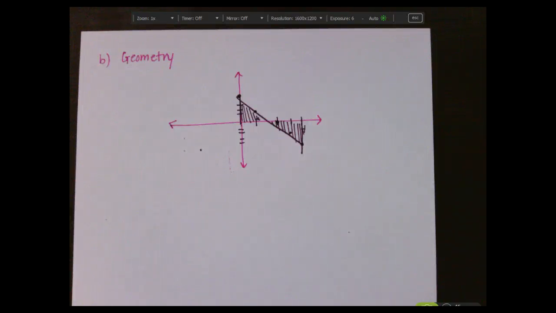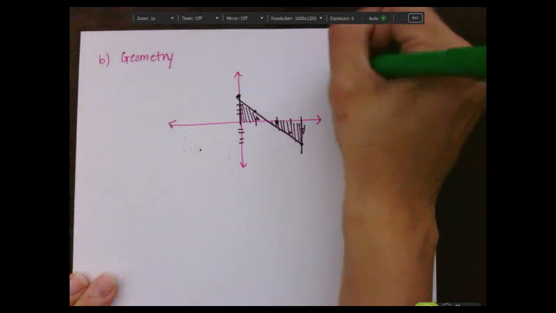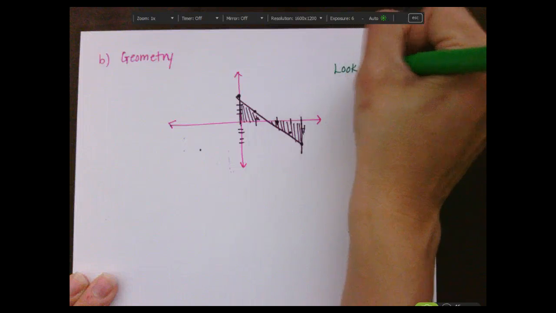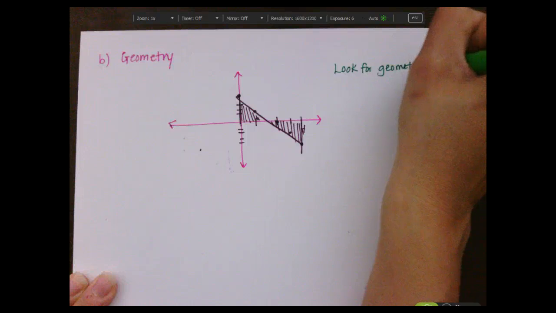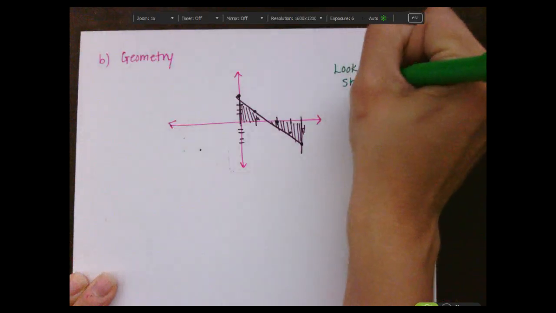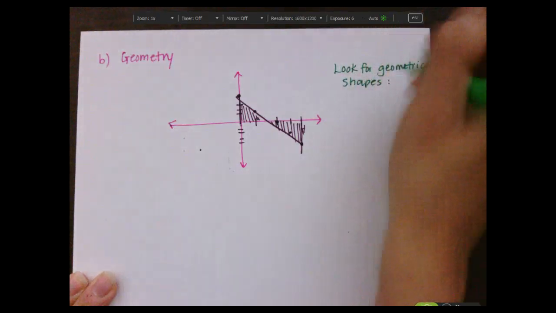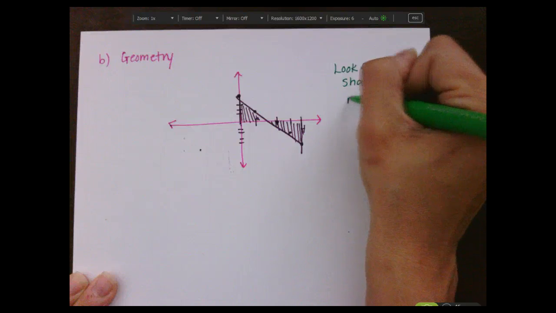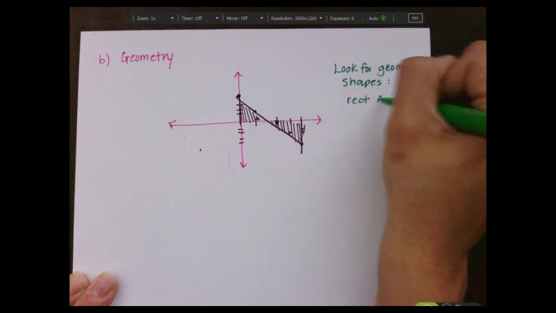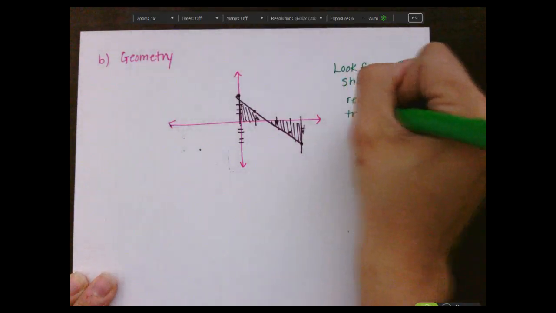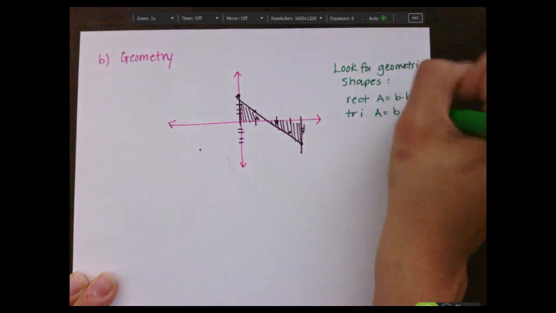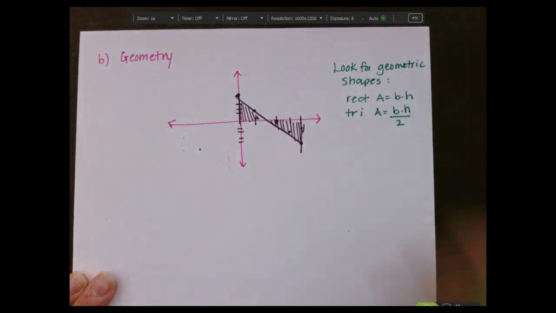So using geometry, I want to look for geometric shapes that I know how to find the area of. So for a rectangle, I know the area is base times height. For a triangle, I know it's base times height divided by 2.